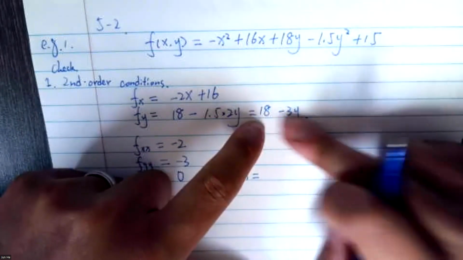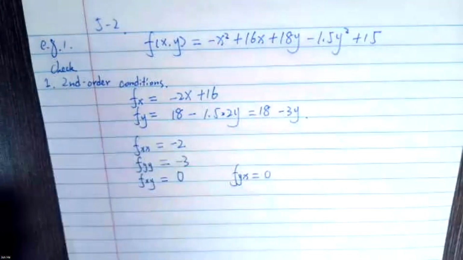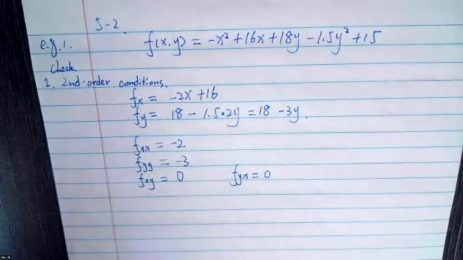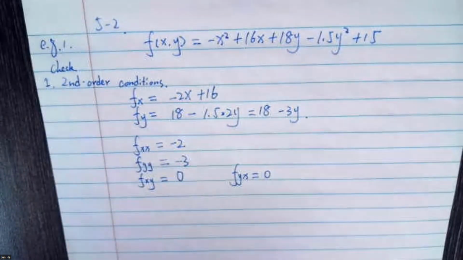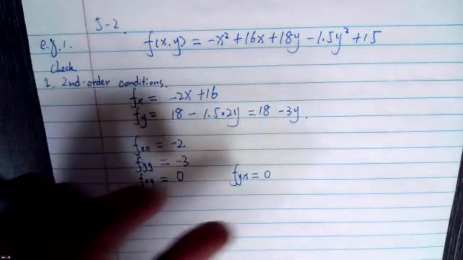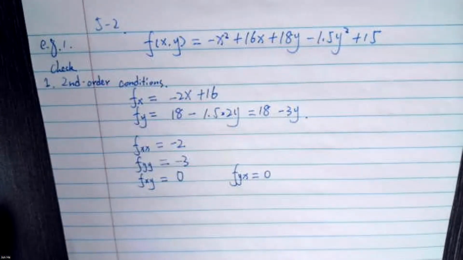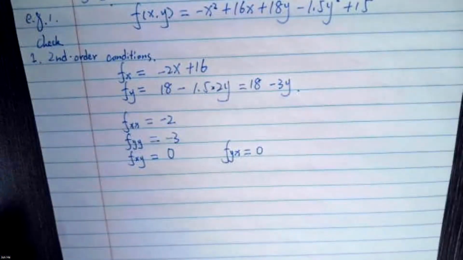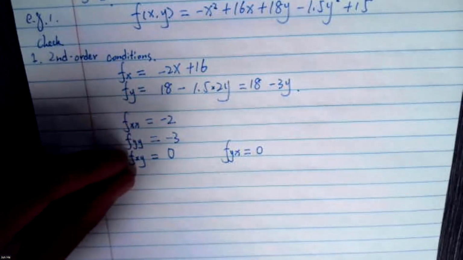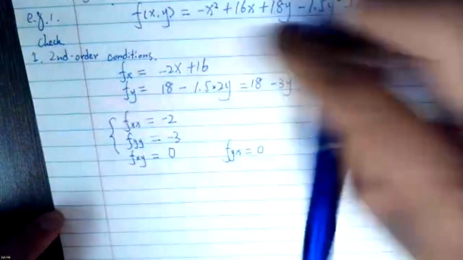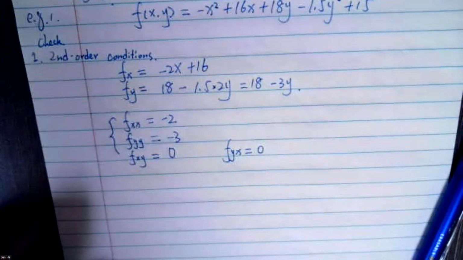There is no x in those two terms, so the derivative is 0. This also testifies to Young's theorem, in which the sequence of derivatives should not change the result of higher order partial derivatives. Okay, so now we have these second order conditions. We need to check them with what? With this.